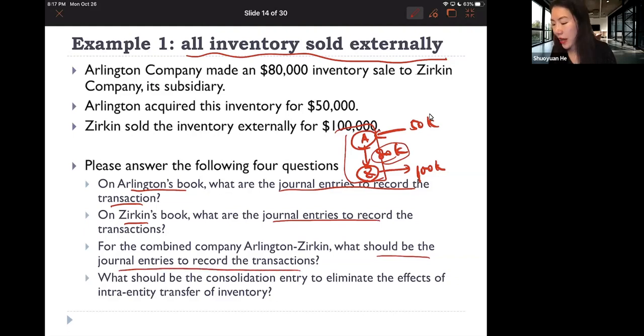And the last one is, what should be the consolidation entry to eliminate the effect of intra-entity transfer of inventory? Please take 15 minutes, try to think about it and work on it on your own. You can pause your video for now.